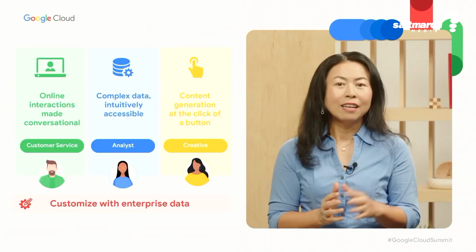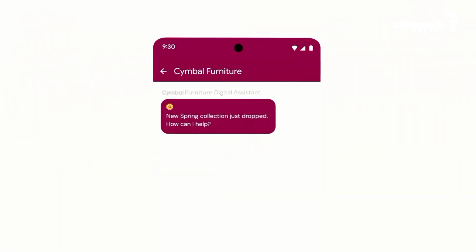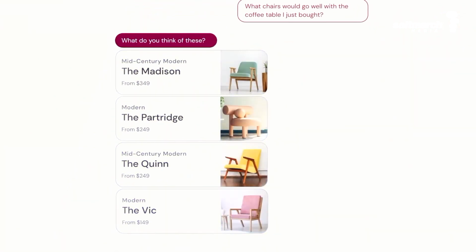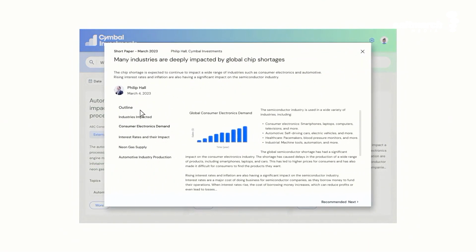Let's recap the three categories of use cases we saw today. First, when we think about how to make online interaction more conversational, more human-like, and helpful, the potential for improving customer experiences, engagement, and loyalty is immense. Second, the ability to intuitively interact with complex data across sources means you can better enable your teams with business and industry insights.